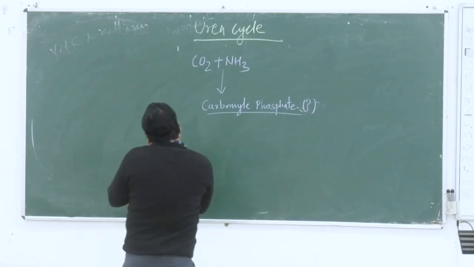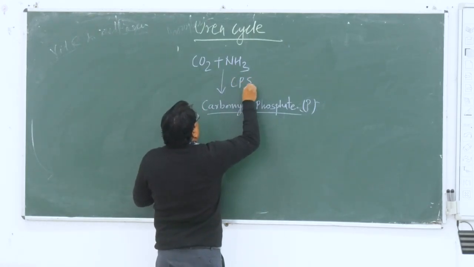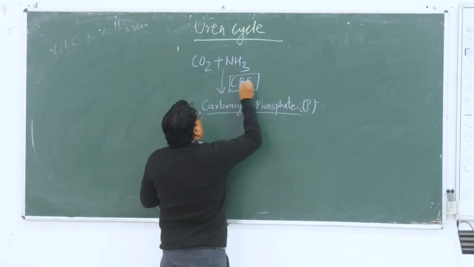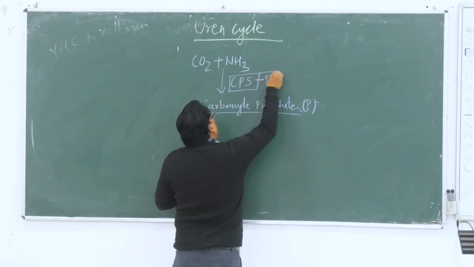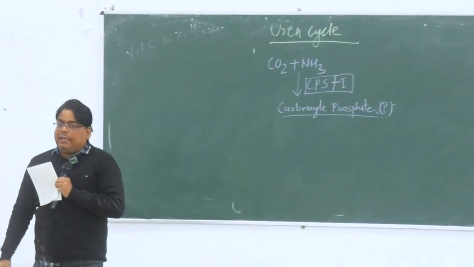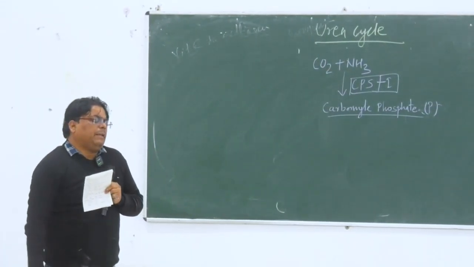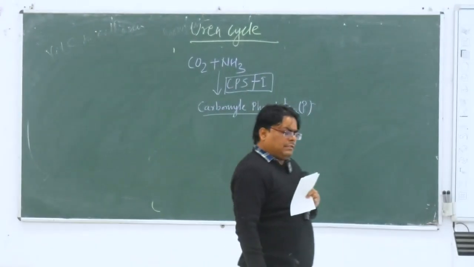With the help of the enzyme CPS1. CPS1 is an enzyme present in the mitochondria. You clearly make the concept. CPS2 is present in liver cells, in the cytosol of liver cells.